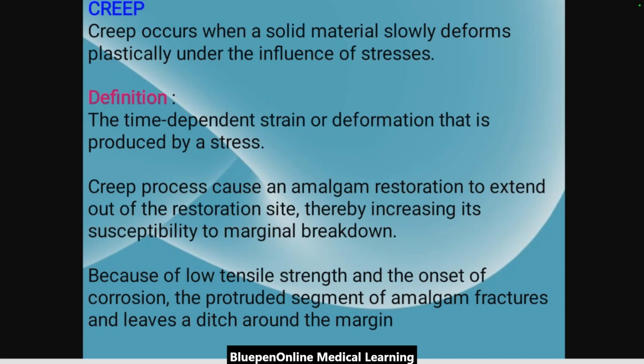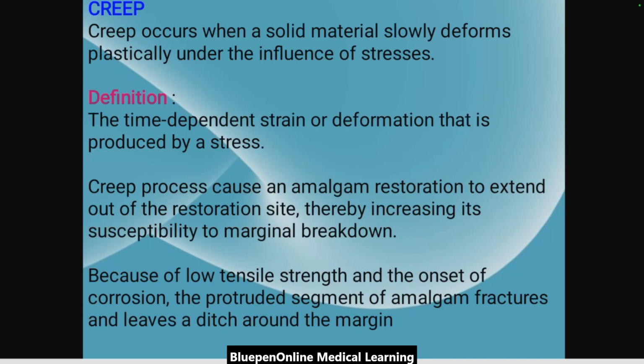If the marginal gap occurs, there are chances that whatever stresses are being applied to the restoration will be applied at higher concentration at the margins of the restoration, and then these margins are weak. They can't withstand these high masticatory forces, and these margins break. This is called marginal breakdown. This happens because of creep.